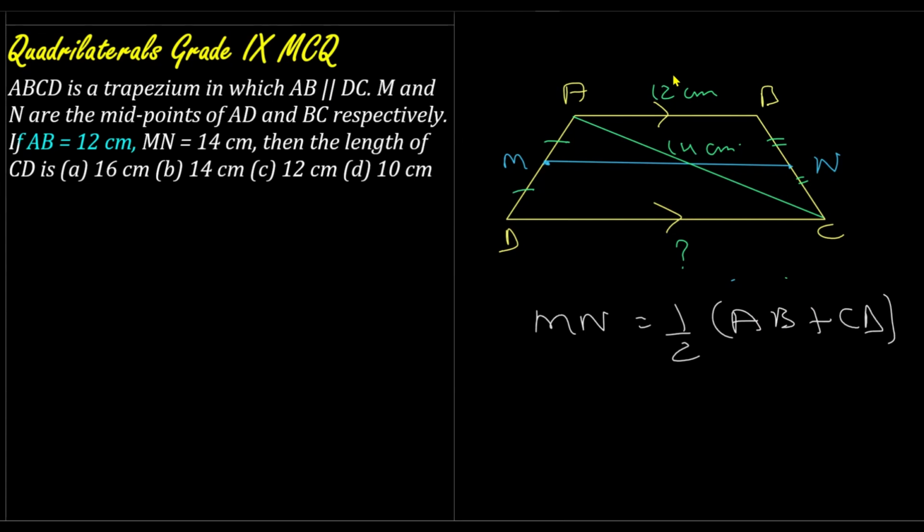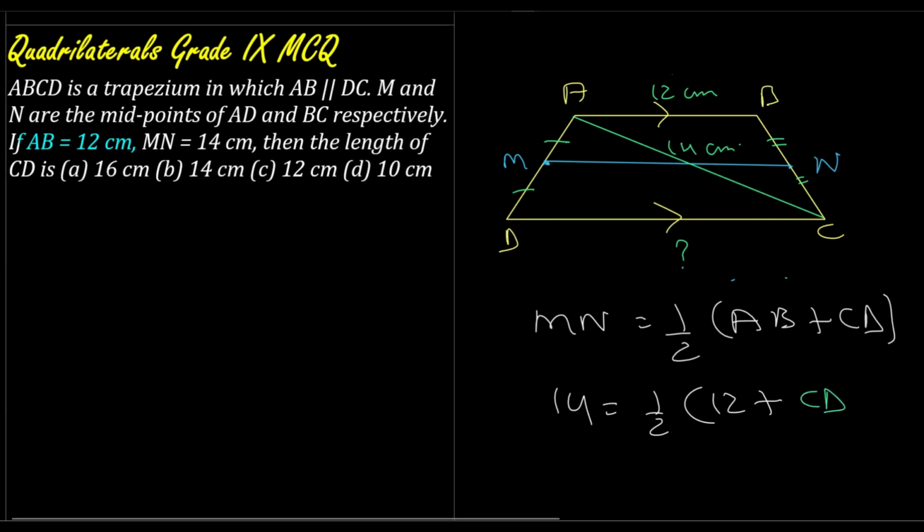Now we know the length of MN is 14. So let's plug in MN as 14. This is half of AB, AB is mentioned as 12, and CD is what we have to get. So let's keep CD as it is. If I transpose 2 to this side, it's going to be 28.